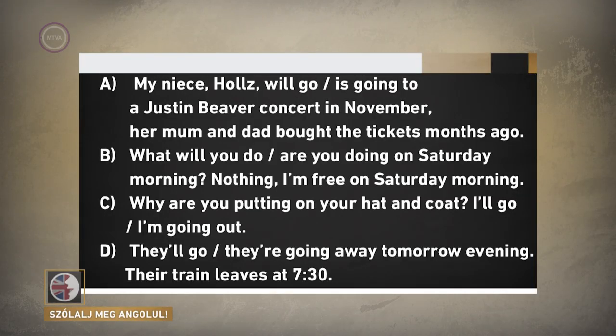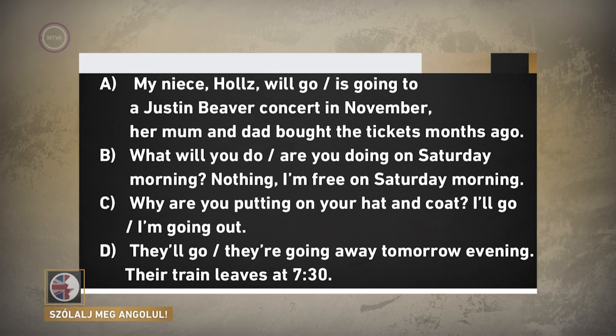Have a look at these sentences and then together we'll check to see which ones use will and which ones use going to. My niece, Holly, will go, is going to a Justin Bieber concert in November. Her mum and dad bought the tickets months ago. What will you do?